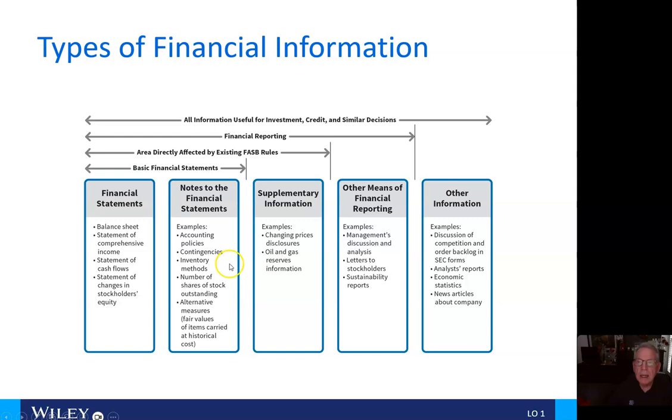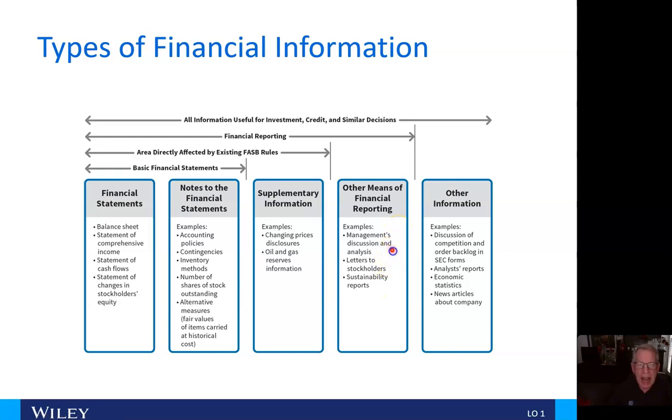Now, if we look at one additional box here on supplementary information, examples of that include changing prices disclosures, oil and gas reserves information. And if we expand it one more box to all financial reporting, we have other means of financial reporting.